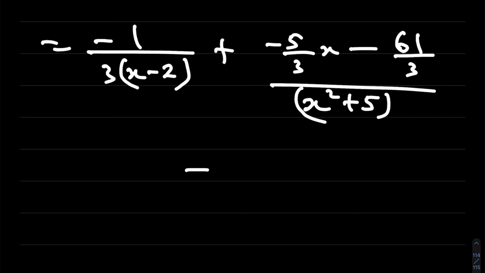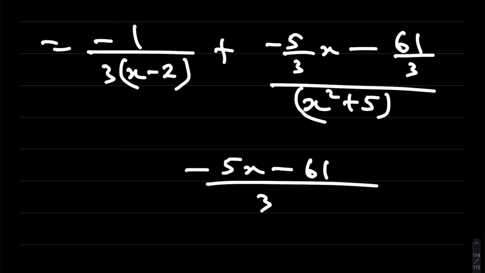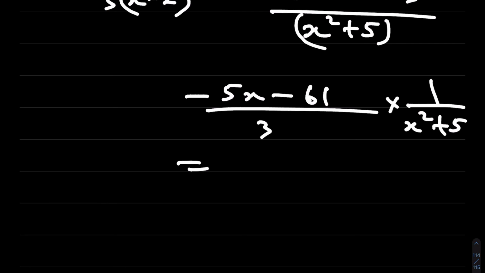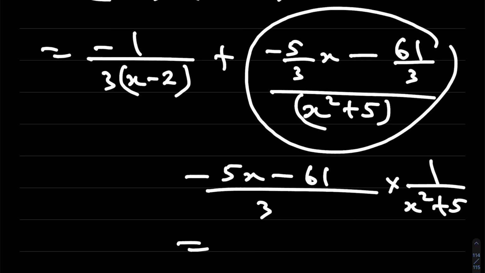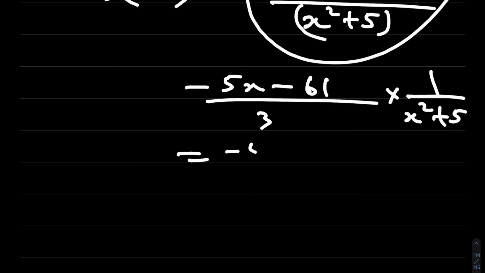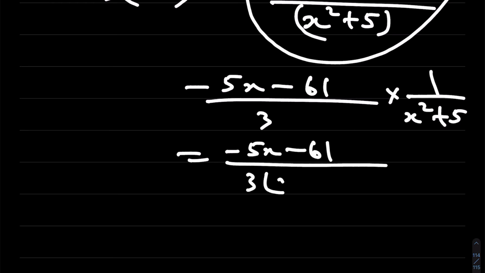So that simply means the numerator will become minus 5x minus 61 all over 3 divided by x squared plus 5, which is the same as multiplying it by 1 over x squared plus 5. So the whole of this fraction will now become minus 5x minus 61 over 3 into bracket x squared plus 5.